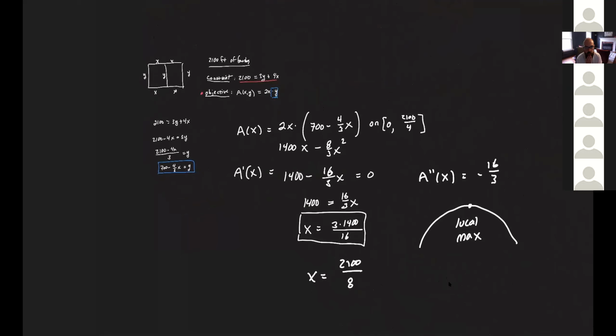So we can plug that in: 700 minus 4/3 times our x value is what we get for our y value.